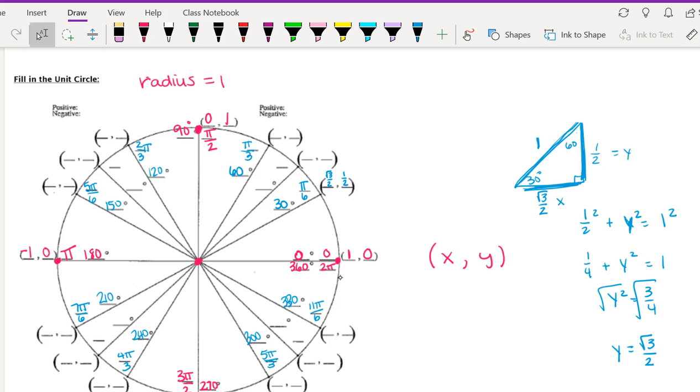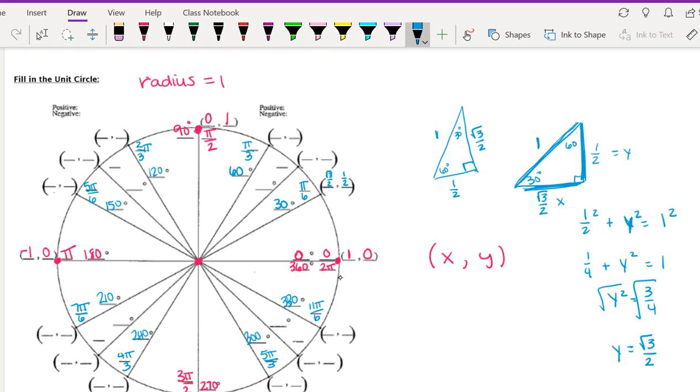Okay, so then we're going to do the 60 degree. Well, the 60 is just a rotated version, where now I have the 60 down here at the bottom and the 30 is up here at the top. So between the 60 and 90, and this is a hypotenuse of 1, I have 1/2, and then between the 30 and the 90 I have the square root 3 over 2.